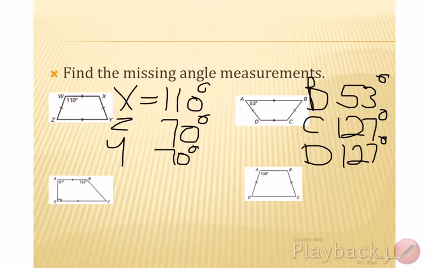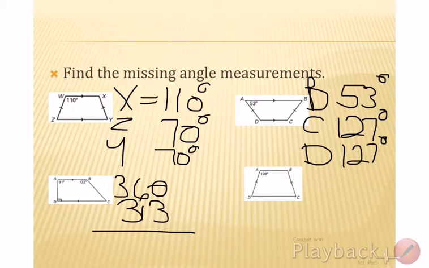I'm going to give you time to get that set up. Add them, and I'm sure that you got 313, which you subtract from the 360, and you get a final angle measurement of 47 for angle C.